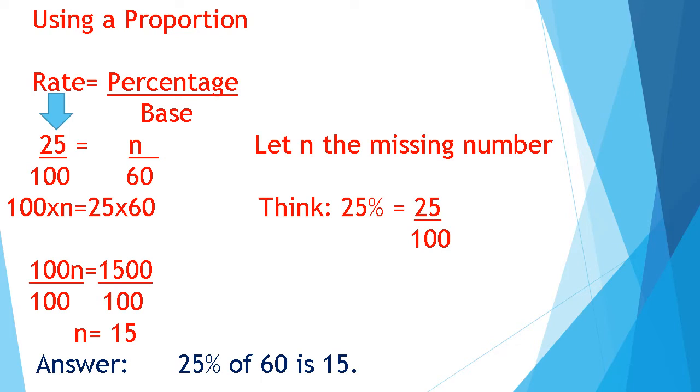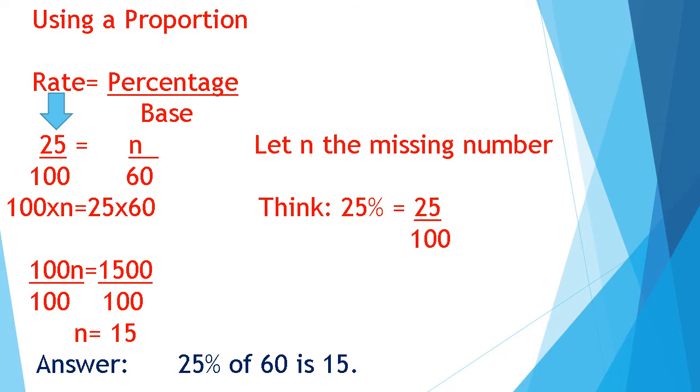The other way of solving a problem is using a proportion. Rate is equal to percentage over base. Let n be the missing number. So the rate, we are going to write it as a fraction.